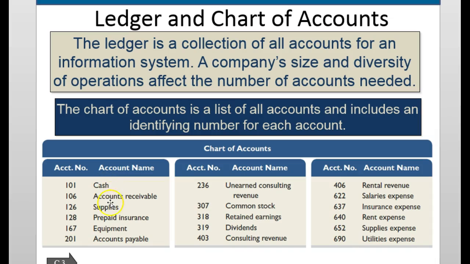Here you have cash all the way through equipment, and they're all in the 100 account numbers. Those are going to be assets. That could be 1,000, that could be 10,000, that could actually be 1. Okay, if it were in the 1 to 100 type thing, I guess. Or you could do 1.1, 1.2. Anything that begins with a 100 is usually going to be an asset.